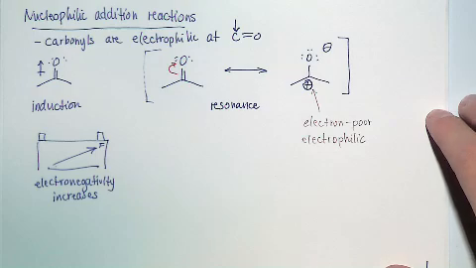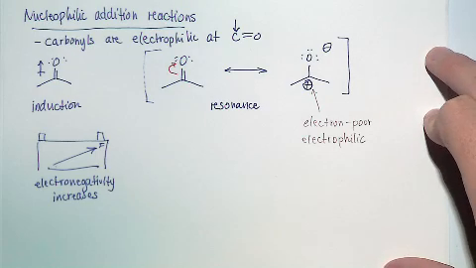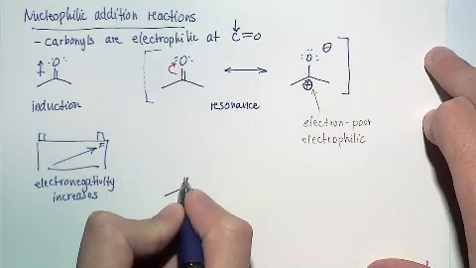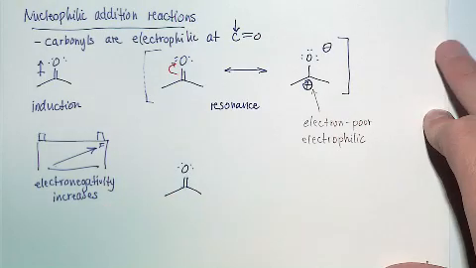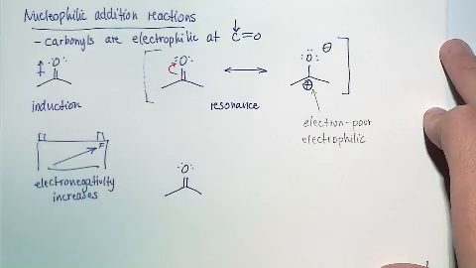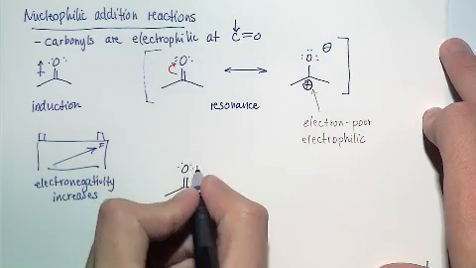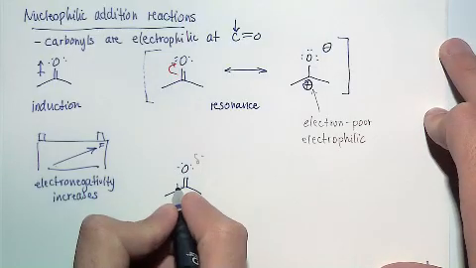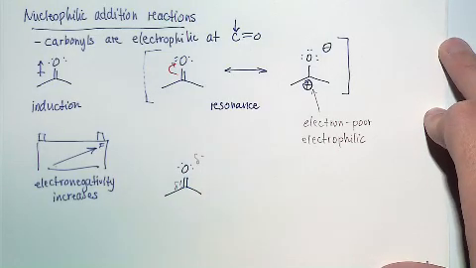The way we draw that is by saying, okay, we start with our carbonyl. If you really like, you could say that the oxygen has a partial negative charge and the carbon a partial positive charge.